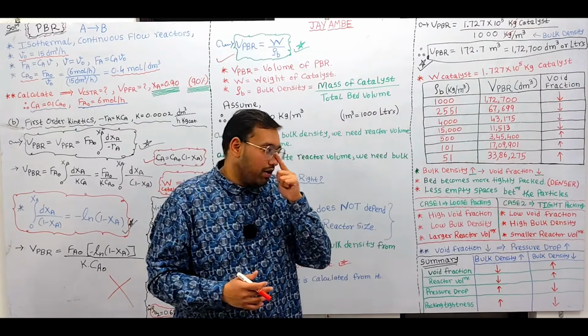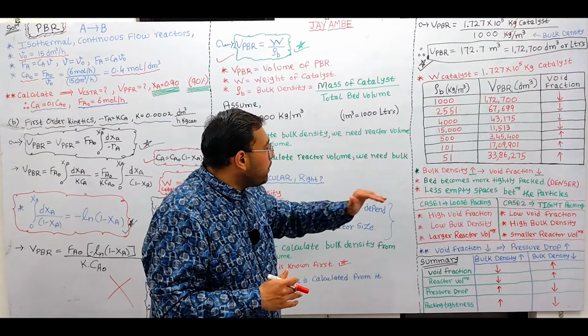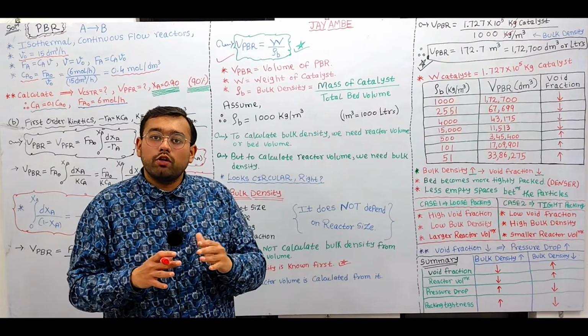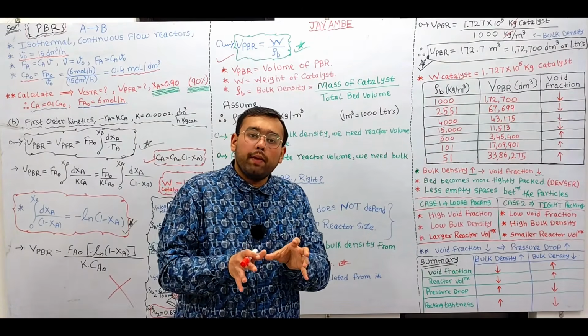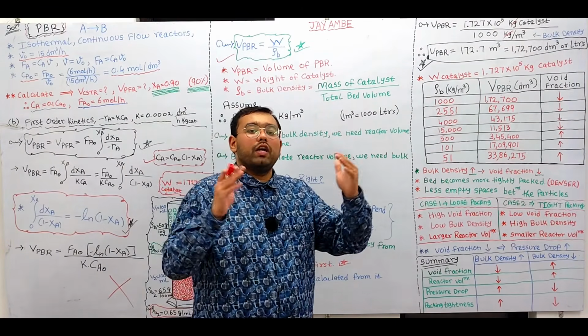I hope you have understood, right? Which means by decreasing the bulk density, the void fraction increases, the pressure drop decreases, the tightness of the packing decreases, due to which the volume of the packed bed reactor increases.